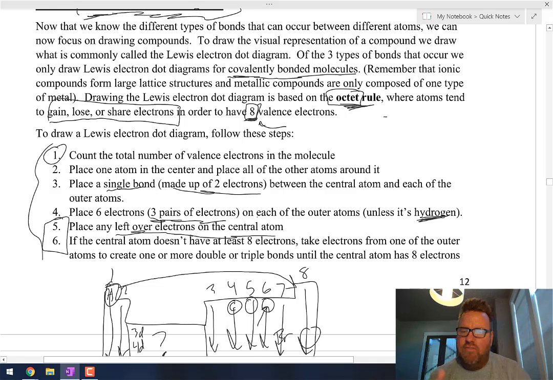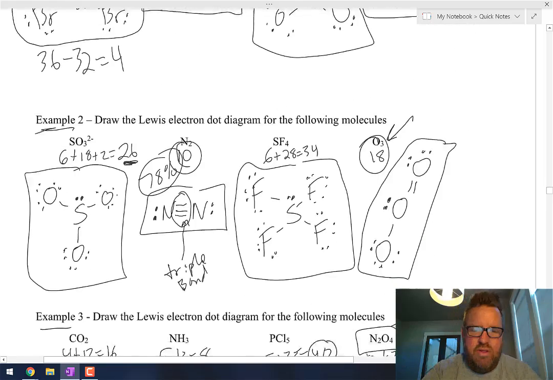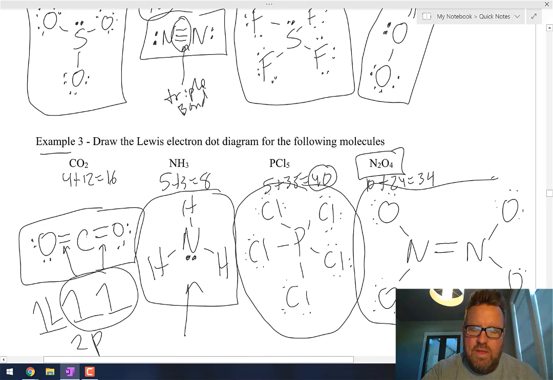Don't ever make double or triple bonds unless you have to. You only make double or triple bonds when the central atom doesn't have 8 electrons around it. If it does, you never make double or triple bonds. Those are some more examples of Lewis electron dot diagrams.